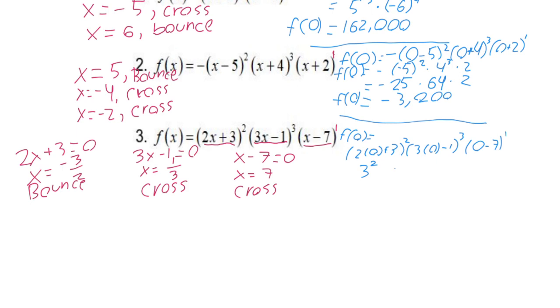Then we have multiplied by negative 1 cubed multiplied by negative 7. 3 squared gives us 9. Negative 1 cubed gives us negative 1. And negative 7 is simply negative 7. 9 times negative 1 times negative 7 gives us 63. So f of 0 is equal to 63.